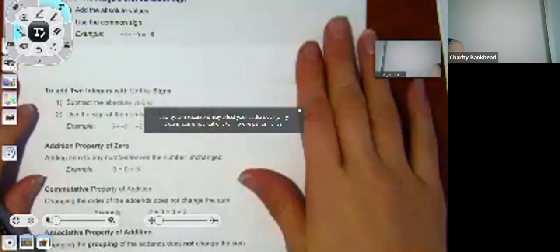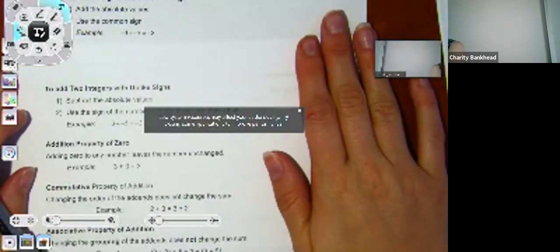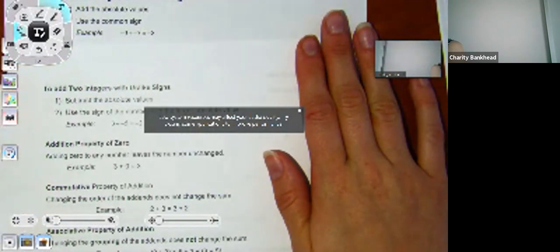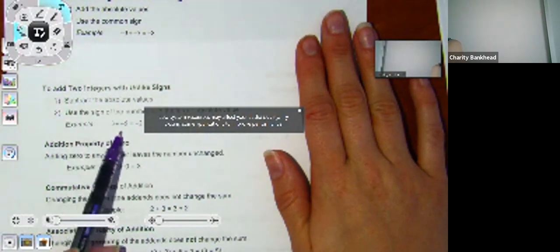And then to add two integers with unlike signs, subtract the absolute values and use the sign of the number with a larger absolute value. So 3 plus negative 5 equals negative 2. So we subtract, so like 5 minus 3 is 2, and the bigger number is negative, so it's negative.